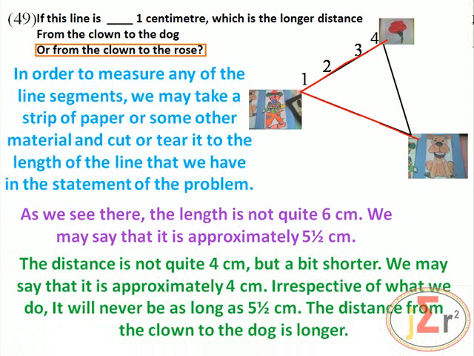The distance is not quite 4 centimeters, but a bit shorter. We may say that it is approximately 4 centimeters. Irrespective of what we do, it will never be as long as 5.5 centimeters. The distance from the clown to the dog is longer.